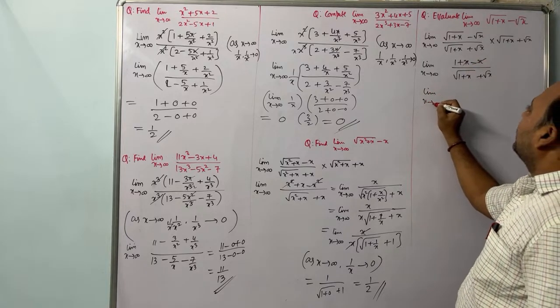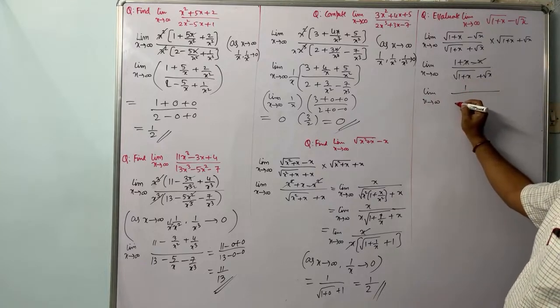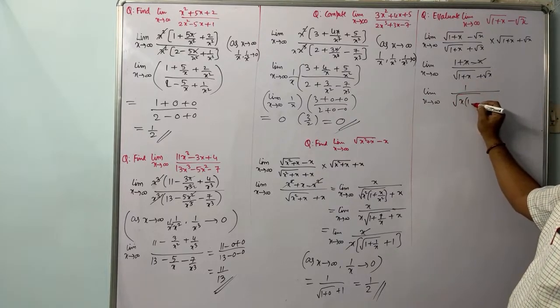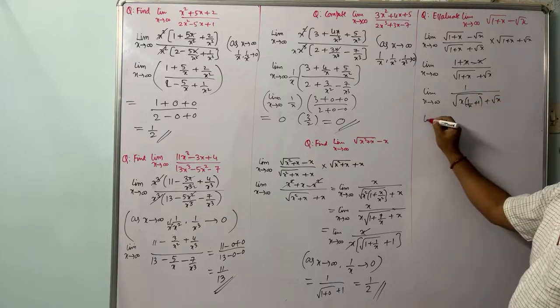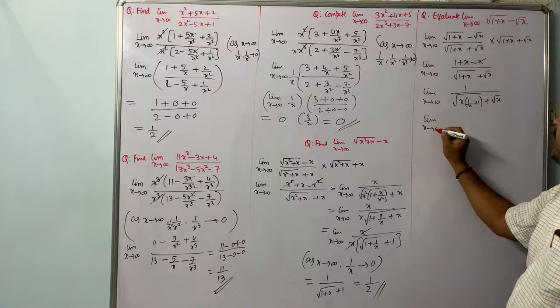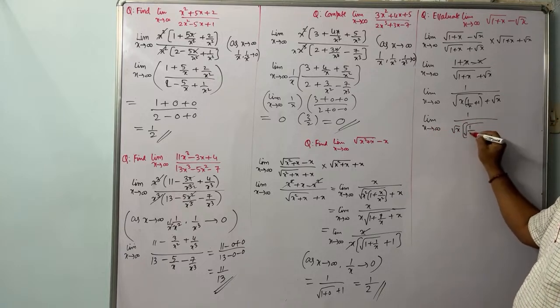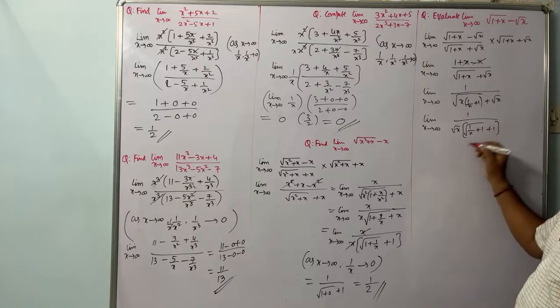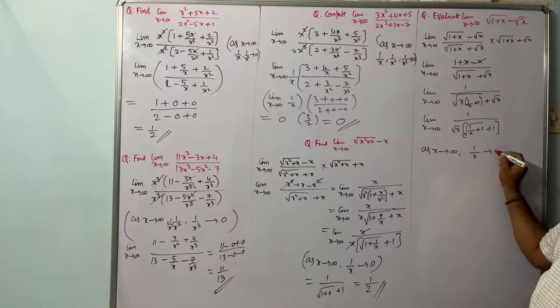Limit x tends to infinity, 1 by, here x take common, root within x only, 1 by x plus 1 plus root x. So limit x tends to infinity, 1 by root x, take common, root 1 by x plus 1 plus 1. As x tends to infinity, 1 by x tends to 0, which means 1 by root x tends to 0 also.